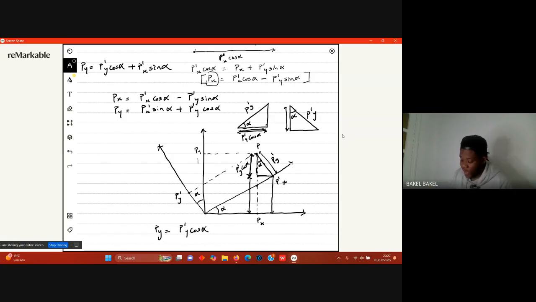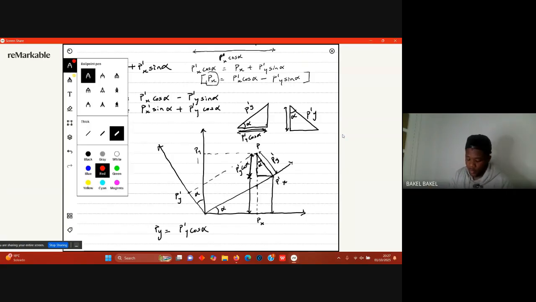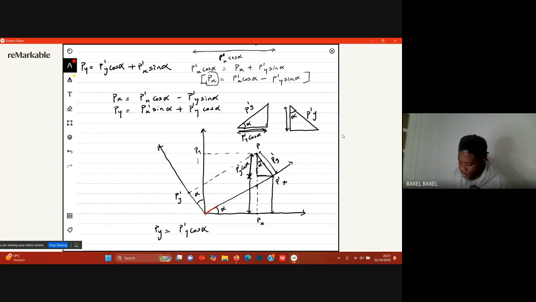And now we have another triangle. Let me use another color to highlight that new triangle. With this new triangle, you know that this is the new hypotenuse, this side, and we've established it to be P prime x normally.